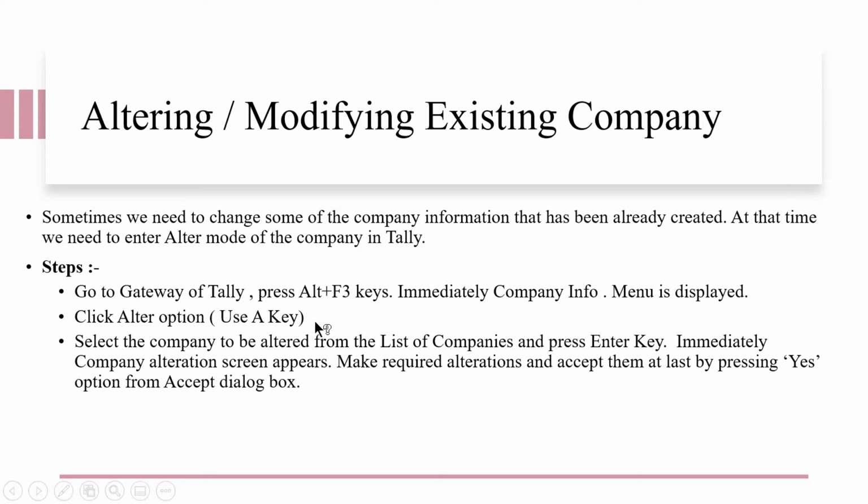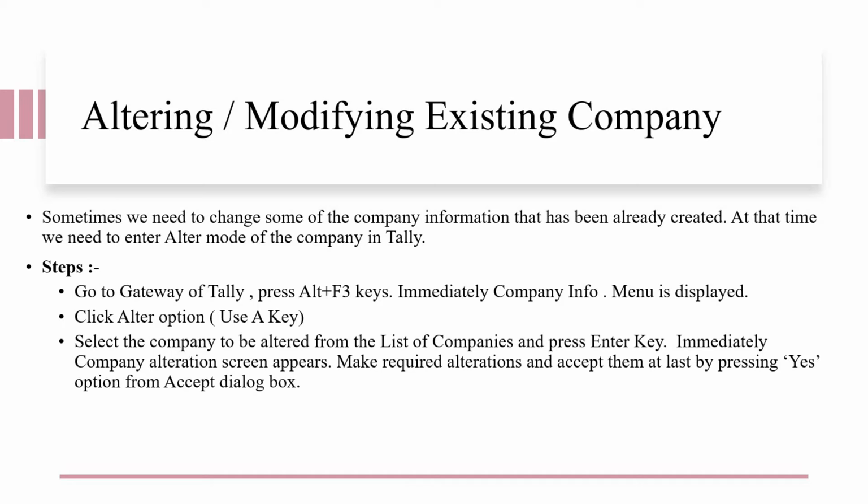Once we click on the alter option, again we have to select the company to be altered from the list of companies. We may have a list of companies, but we have to select that particular company. After selecting the company, press the enter key. Immediately the company alteration window or screen will appear.